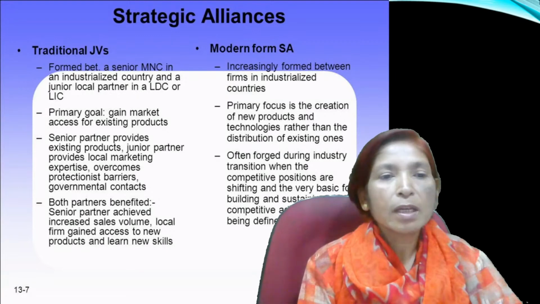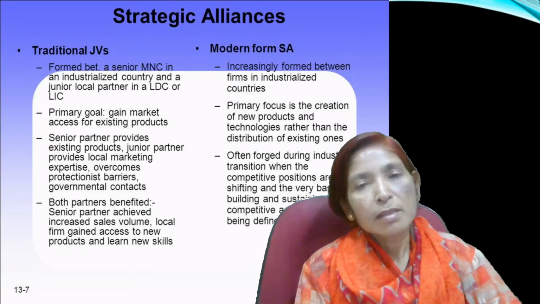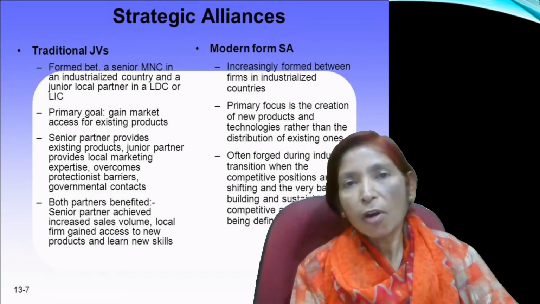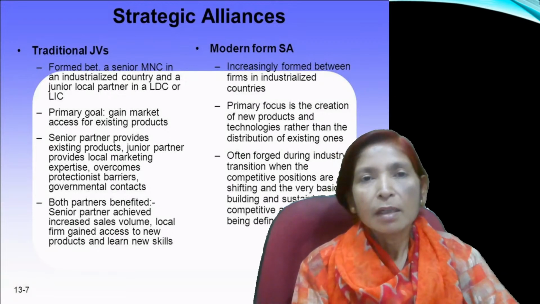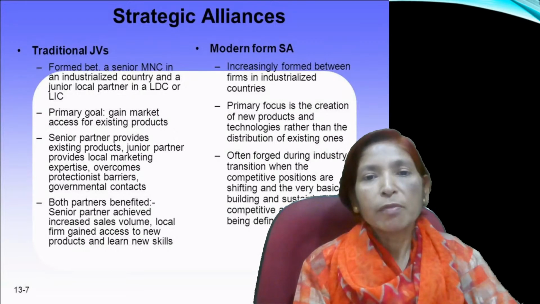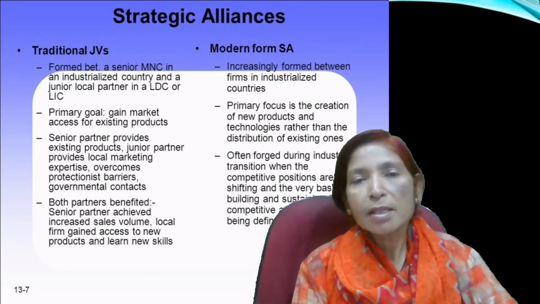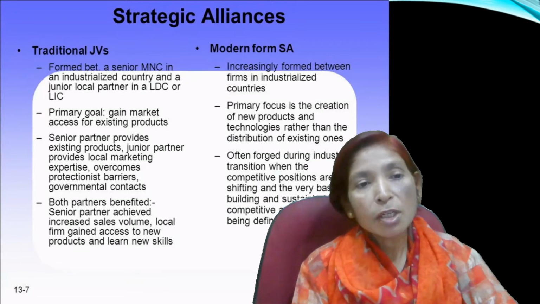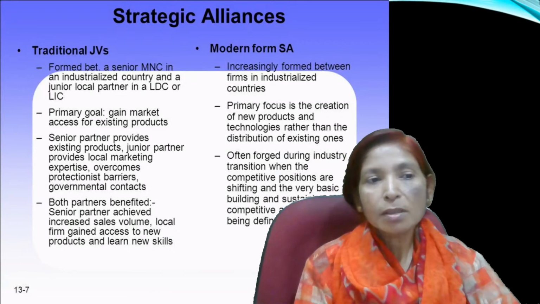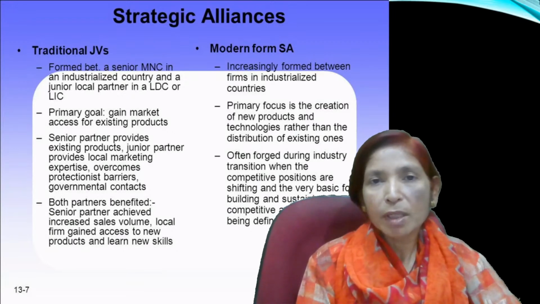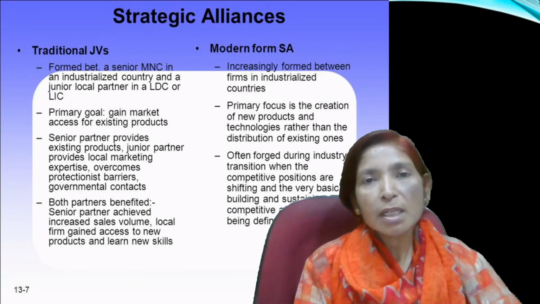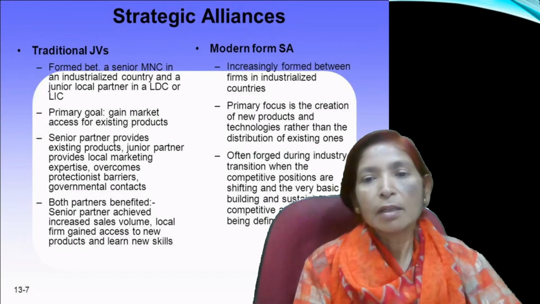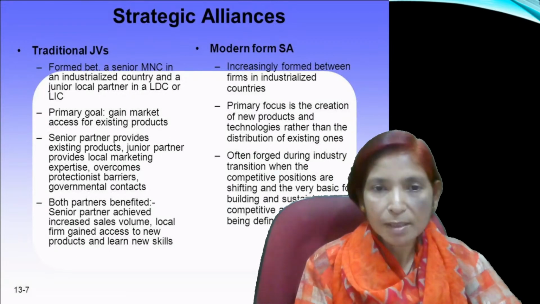Its main goal is to gain market access for existing products. But in the modern form, strategic alliances are increasingly formed between firms in industrialized countries, and the main focus is the creation of new products and technologies rather than the distribution of existing ones.